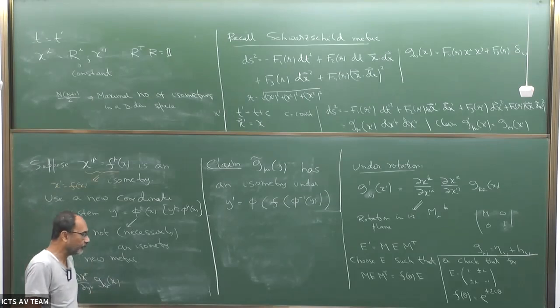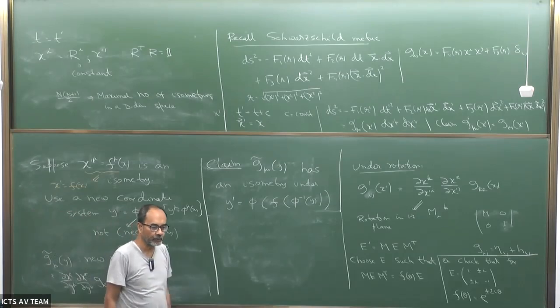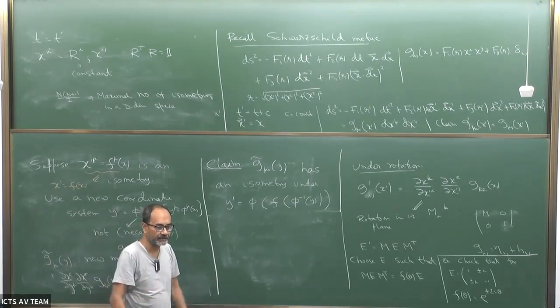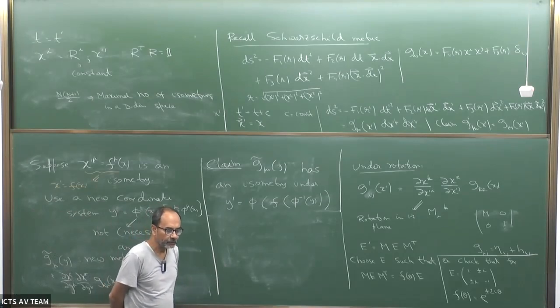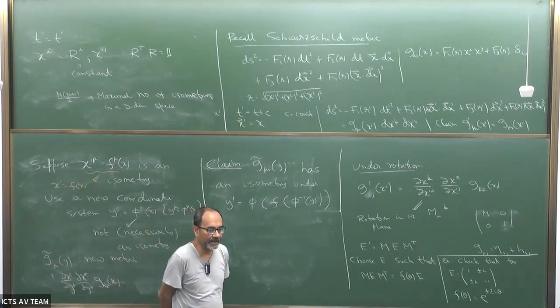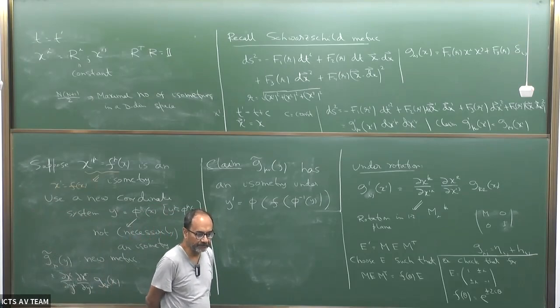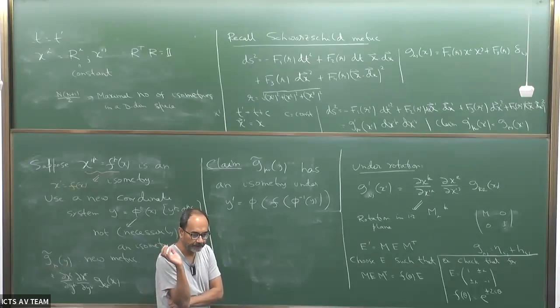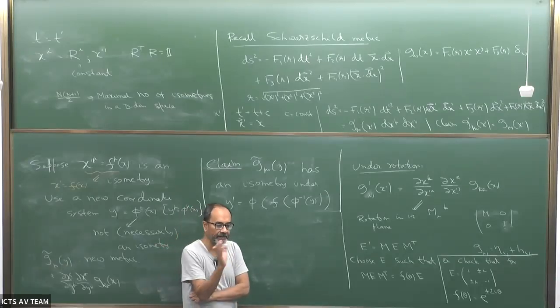Yes. So the isometry group is a subgroup of general coordinate transformations that keeps the form of the metric unchanged. So the isometry group could be just the identity element. It may be just trivial. Only the identity element may preserve the metric. Not every metric has an isometry. But the metric having an isometry is not coordinate dependent.